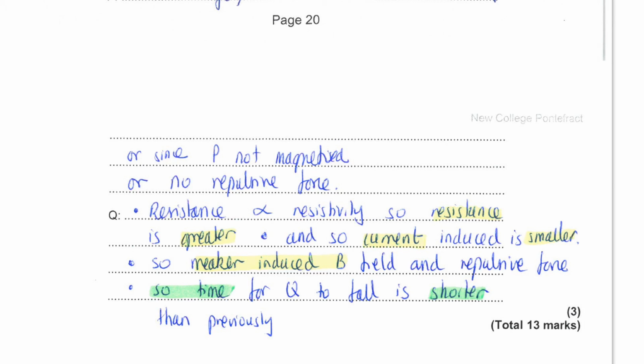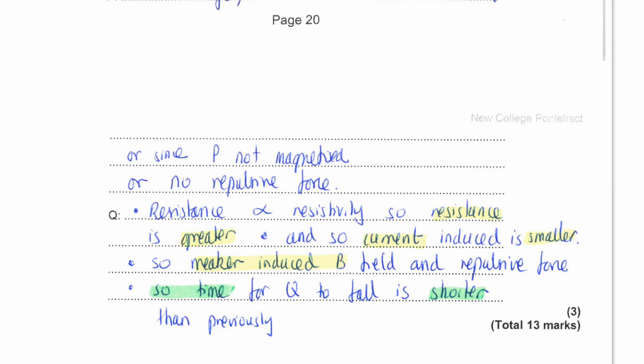So the resistance of the brass is going to be proportional to resistivity. So if the resistivity is greater, so is the resistance. A greater resistance will lead to a smaller current being induced, and the smaller current induced will lead to a weaker induced magnetic field.